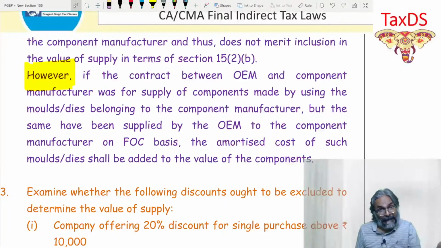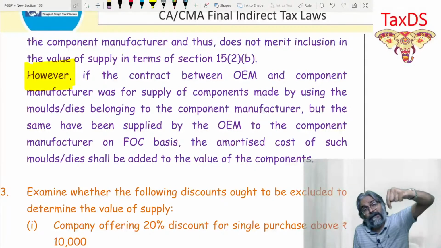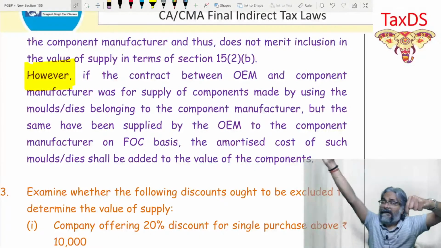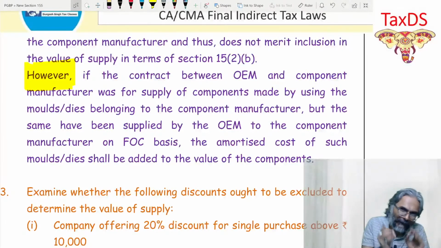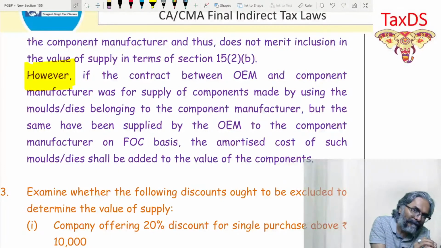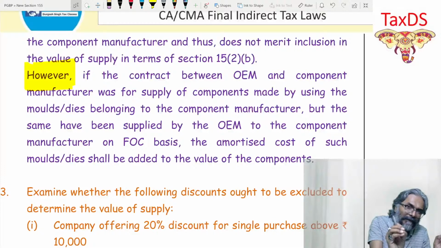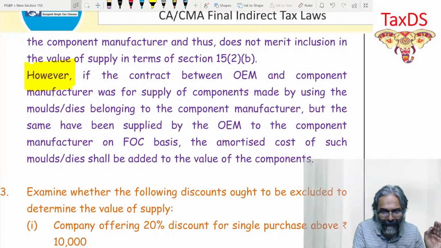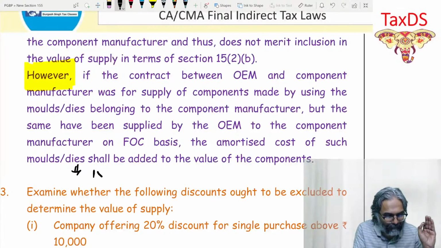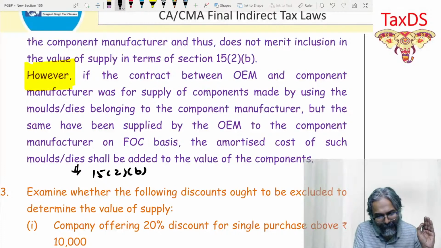But instead, he tells the recipient, you buy the molds and dies and give them to me. Now, can I say it is a liability? The supplier was liable for such expenditure, but it has been incurred by whom? By the recipient. So now can I say, if this is the agreement, is 15(2)(b) applicable?